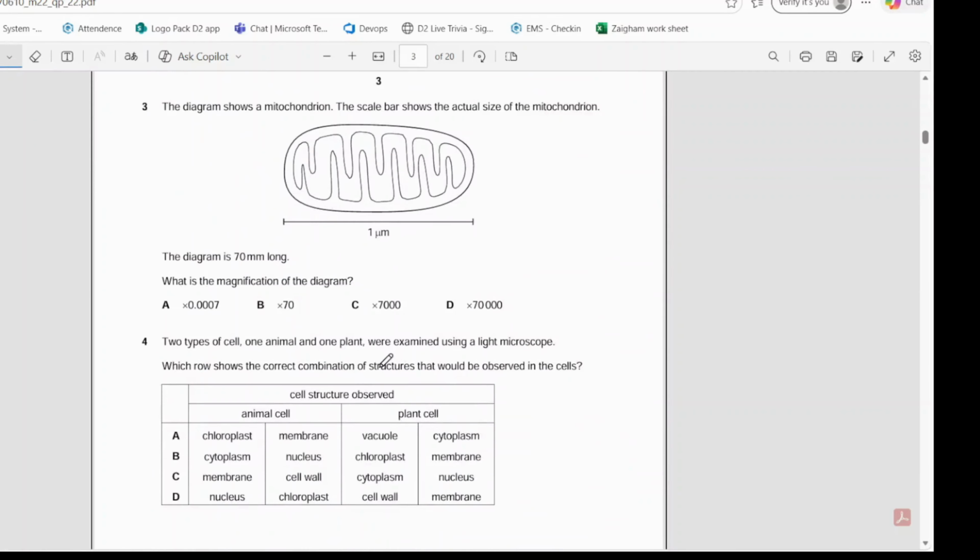The diagram is 77 millimeter long. This is image size. This one is actual size. Calculate the magnification. So magnification is equal to image size over actual size. So let's convert this micrometer into millimeter first. How to convert micrometer into millimeter?